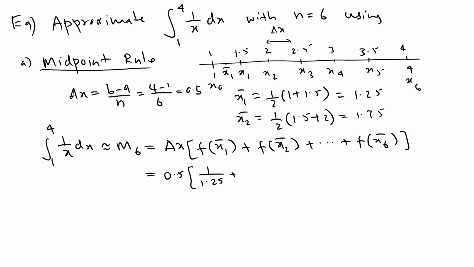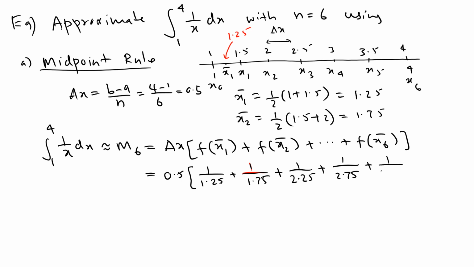That's the first midpoint, 1.25, and then 1 over 1.75, that's the second midpoint, and then 1 over 2.25, 1 over 2.75. These are not the node points, these are the midpoints.